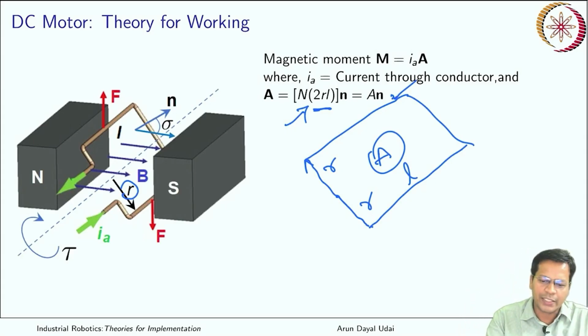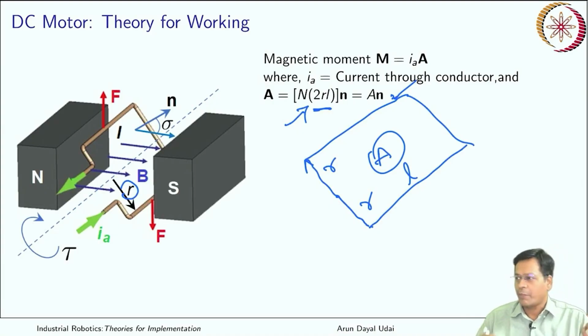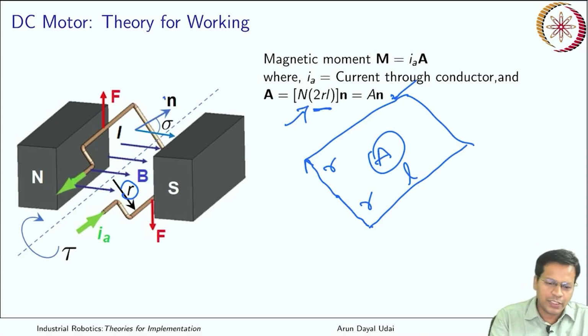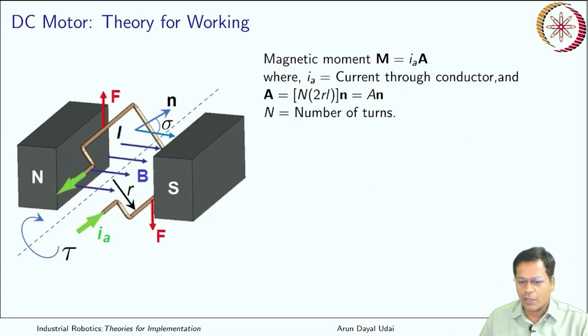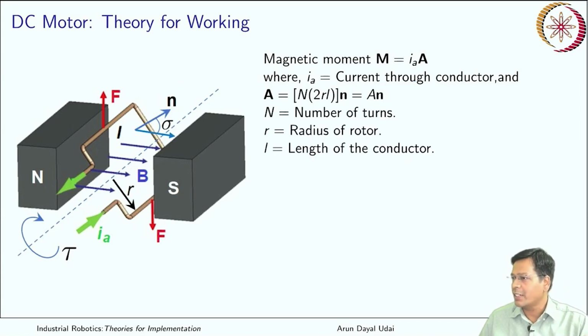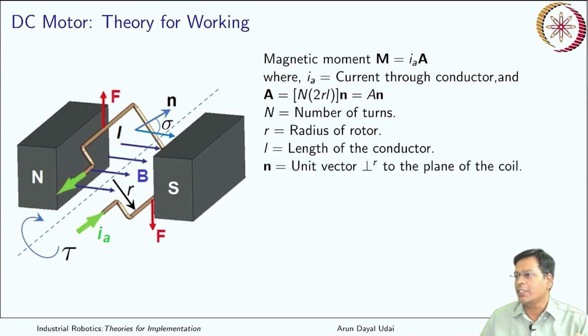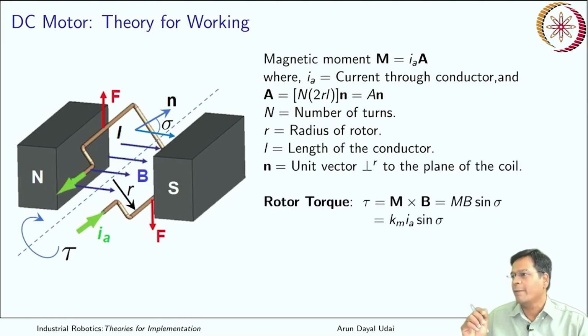So this gives you the direction. The magnitude is A, whereas a small n vector is a unit vector which is orthogonal to this area vector. Moving ahead, N is the number of turns of the coil, R is the radius of the rotor, L is the length of that conductor, and n is the unit vector perpendicular to the plane of the coil.